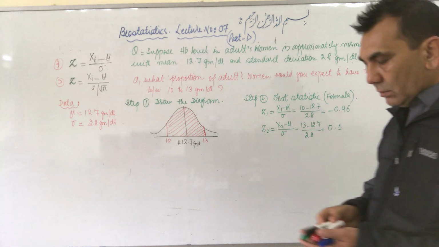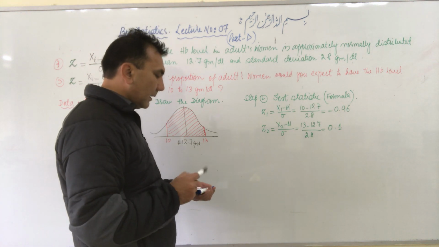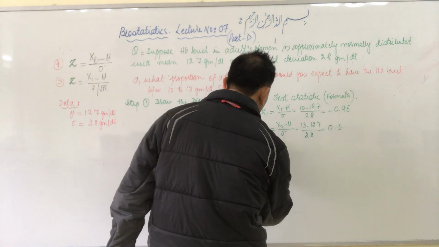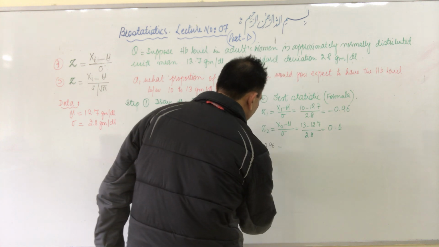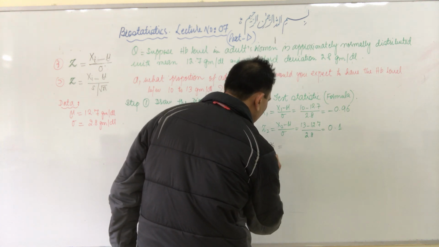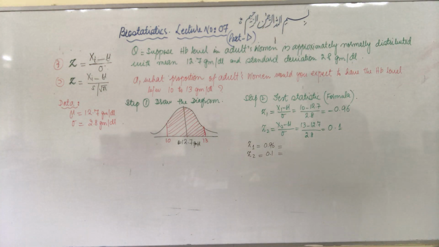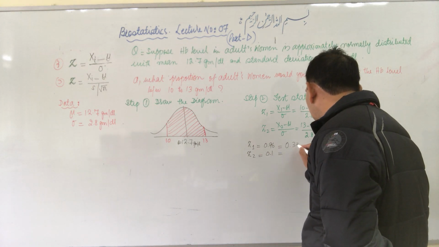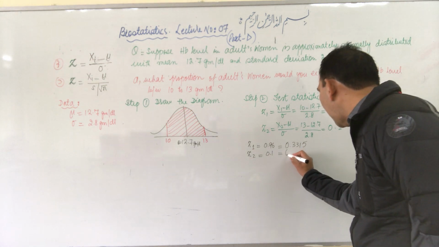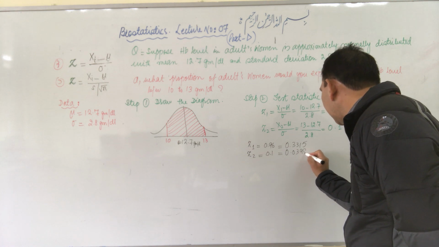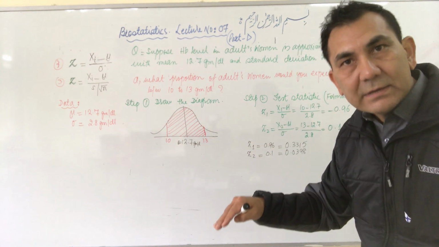Now we find the z-score values from the z table: for z1, minus 0.96, the value is about 0.3315, and for z2, 0.1, the proportion value from the z table is 0.0398.